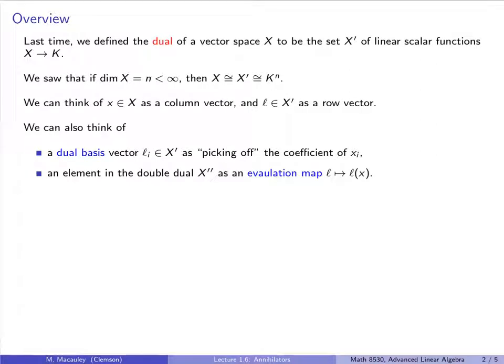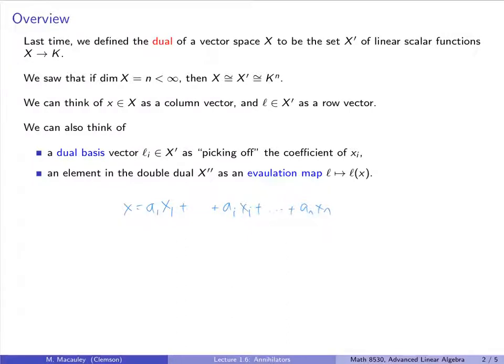And an element in the double dual, x double prime, we could think of as an evaluation map. It takes a covector or a linear scalar function and it just plugs in x. So in other words, if we have a basis x1 up to xn, then an arbitrary element x is a1x1 plus ... plus aixi plus ... plus anxn.